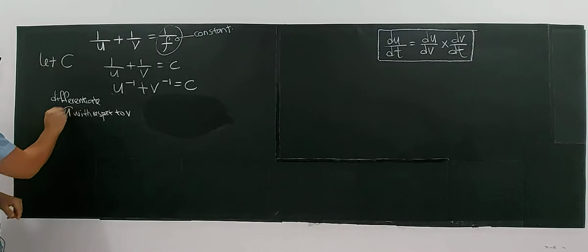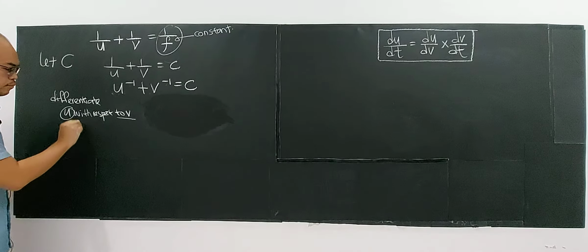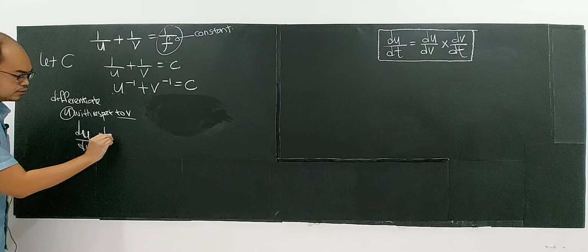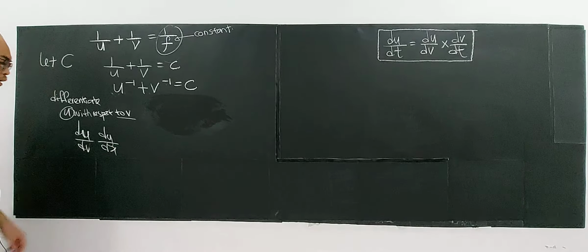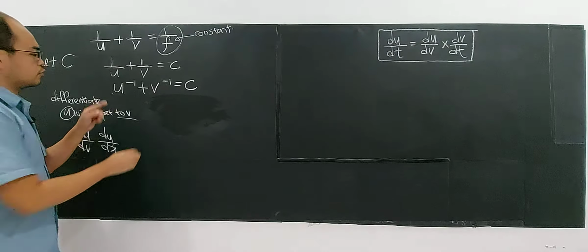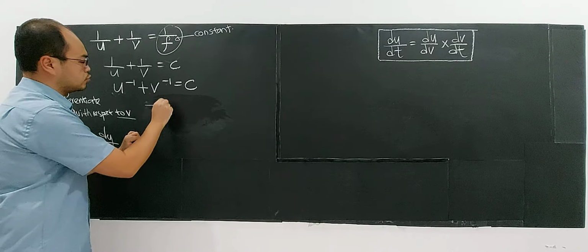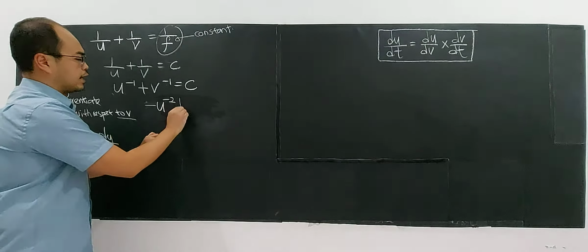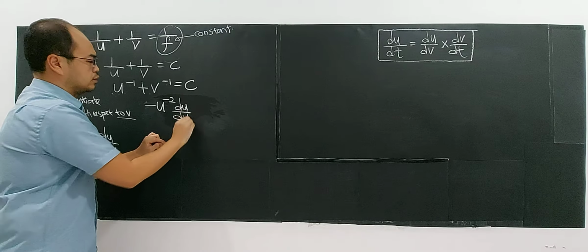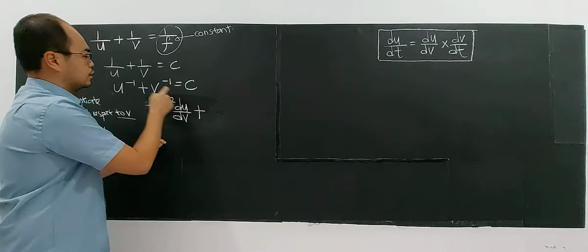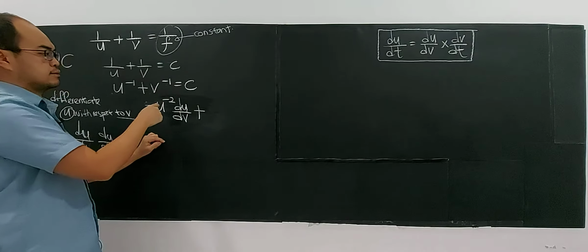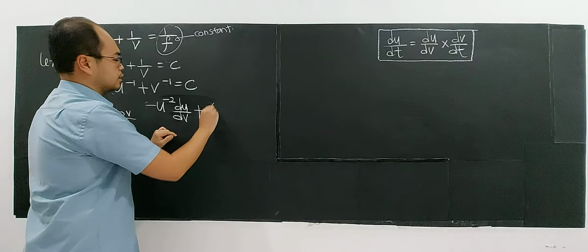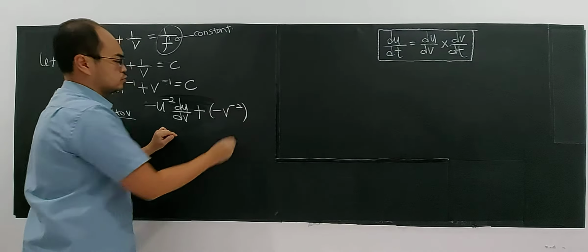As you differentiate u with respect to v, you find du/dv. du/dv is just like dy/dx, where u is your y now. So differentiating u, you have negative u to the power of -2, and you add a du/dv here, plus, differentiating v, which is just like x, you get negative v to the power of -2.